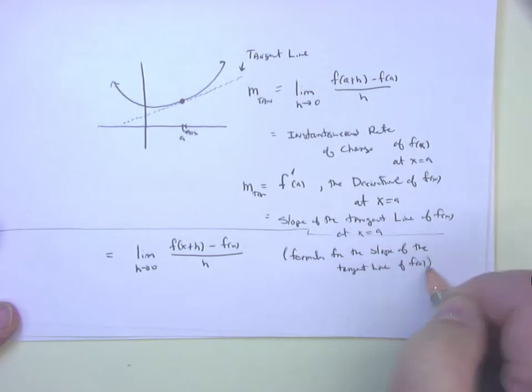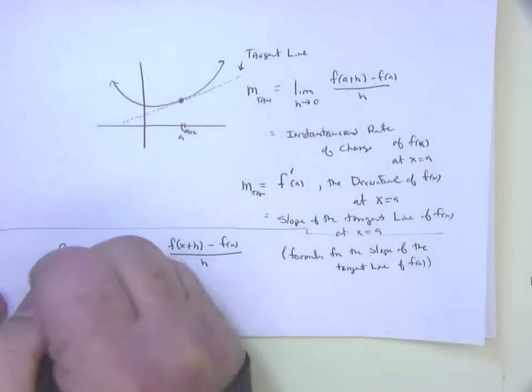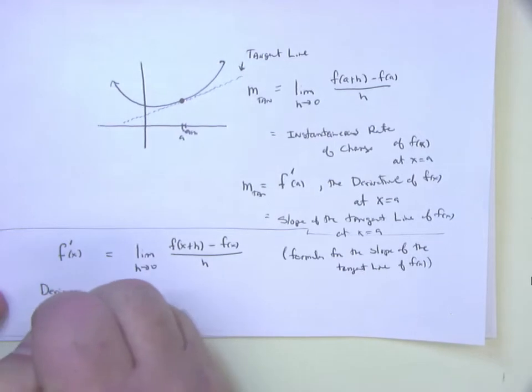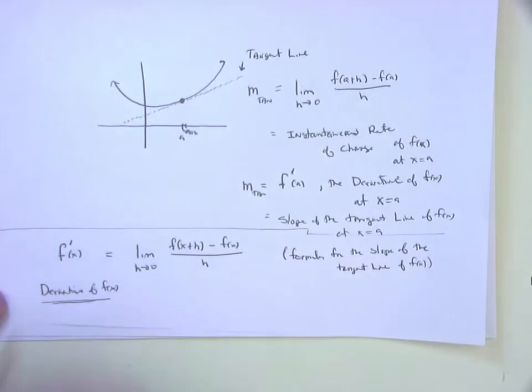So instead of actually being a numerical value, it's going to be a functional value. And this functional value is called f prime of x, and that is called the derivative of f of x, called f prime of x, using what we call Newtonian notation. Sir Isaac Newton came up with this name. Okay? F prime of x.